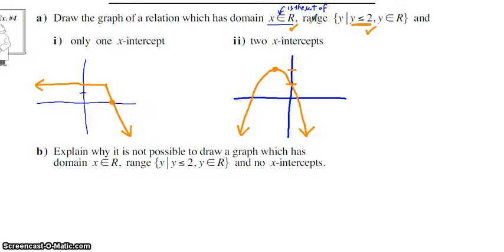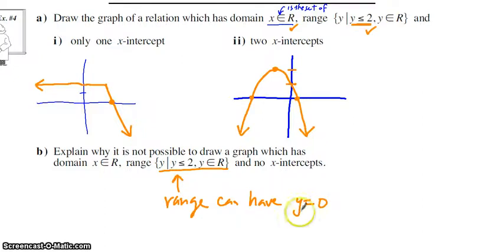Explain why it is not possible to draw a graph which has this domain and range and no x-intercept. Does it have to be one x-intercept or two x-intercepts? How about no x-intercept? The answer is it cannot, because the range explicitly says y could be anything less than or equal to 2, which includes 1, which includes 0. So the range can have y equal to 0.